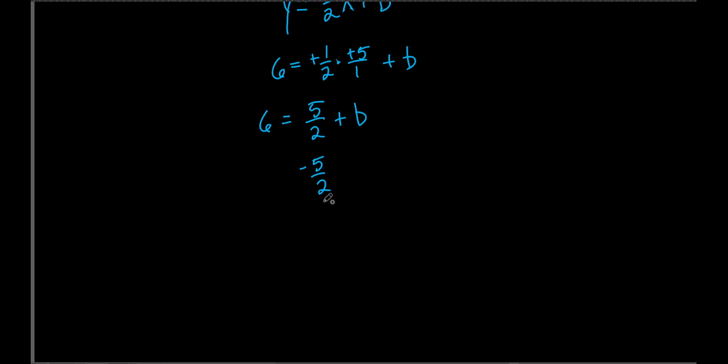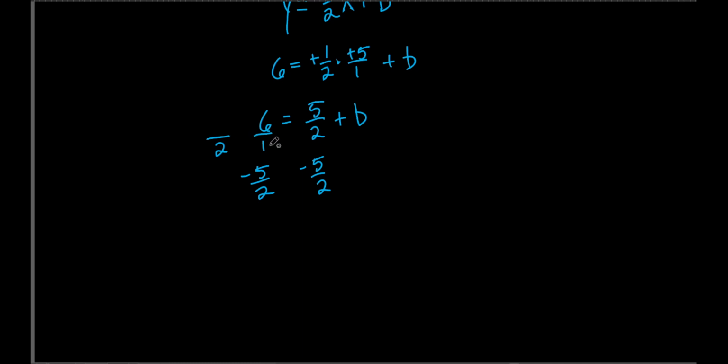So you have to subtract a 5 over 2, and subtract a 5 over 2 over here. What's the problem, though? I can't just subtract it like this. What do I need when I subtract or add fractions? I need a common what? Denominator. What would my common denominator be with 1 and 2? It would be a 2.